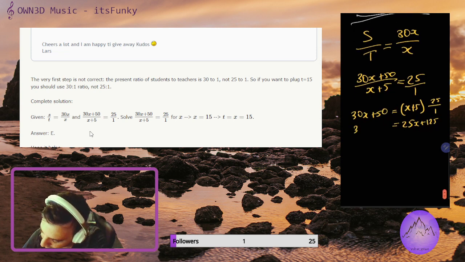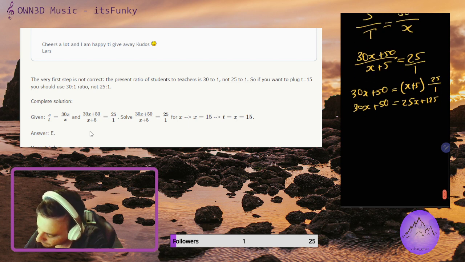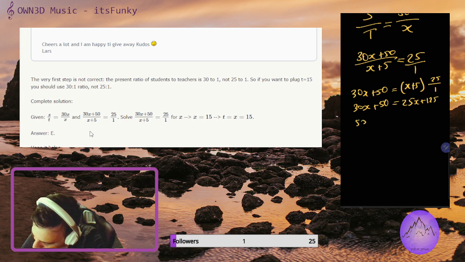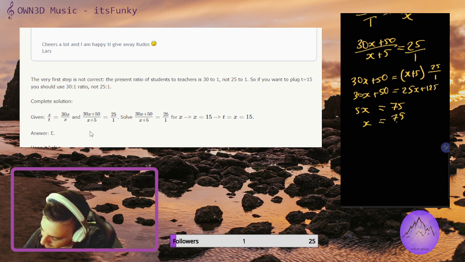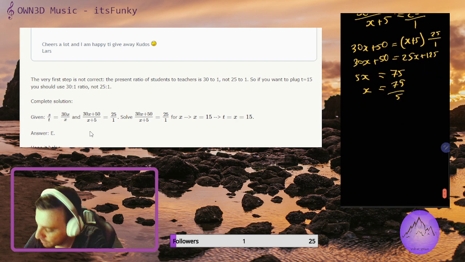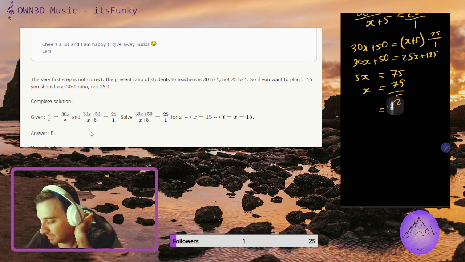That's looking very familiar. I feel like I had that same expression in my answer. Minus 25x, 5x minus 50 equals 75. So something went wrong on mine, obviously, because I did not get that number. Then x equals 75 divided by 5. 75 divided by 5 is 15. And hence the solution.